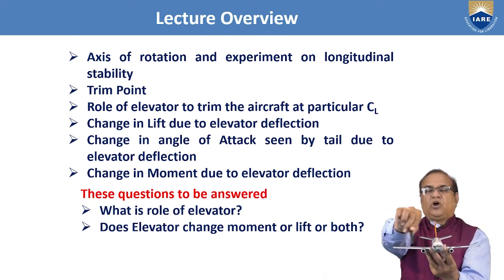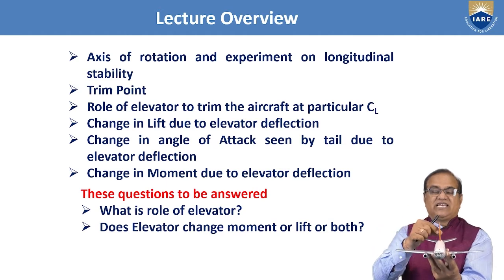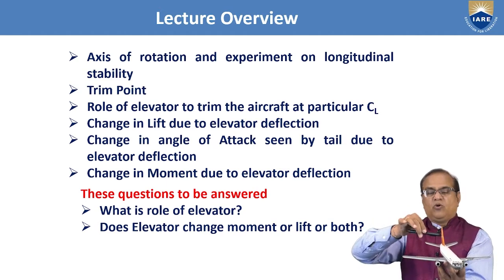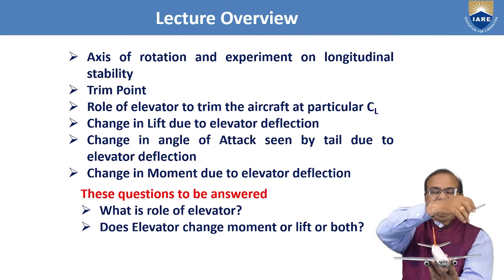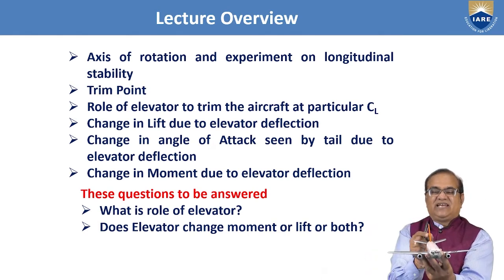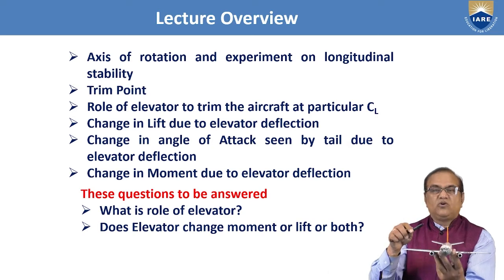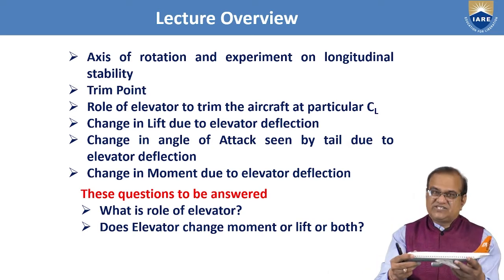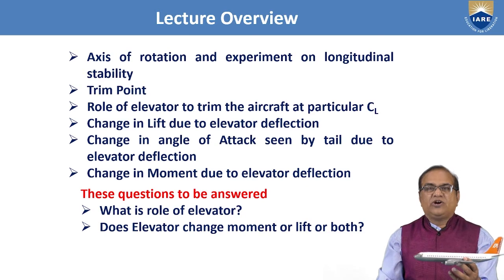If I want to make the nose right, the rudder will move right, a force will be generated in this direction and the nose will move right. This is called side force. So the aircraft has 6 degrees of motion. In this we have 3 forces.